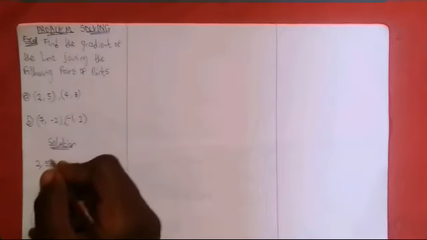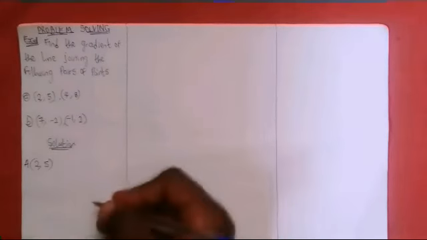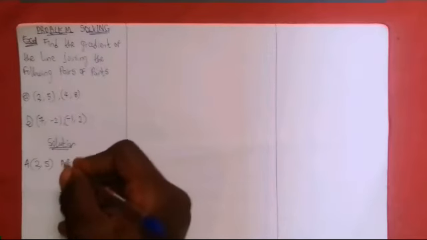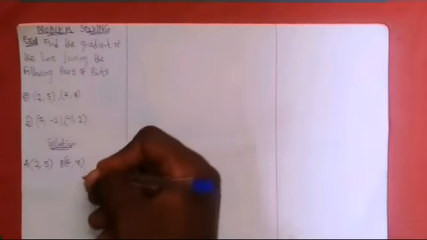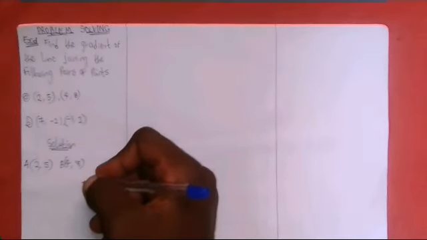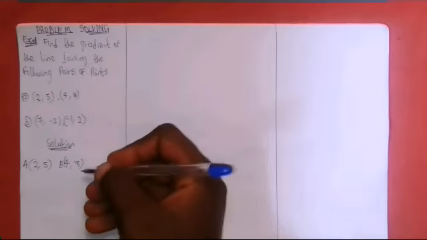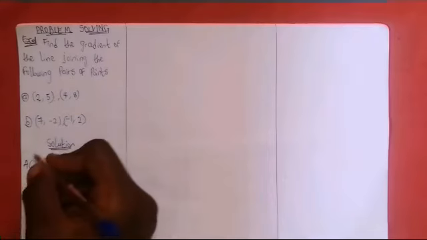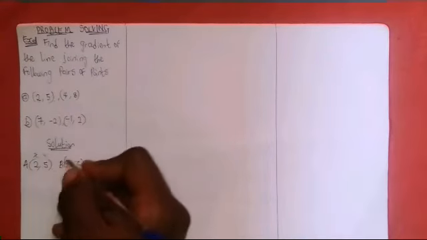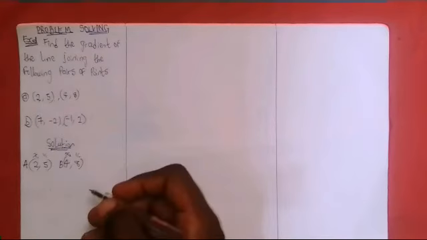2, 5 represents our first point, that is our point A, because that is where the line started from. Then B is our 4, 8, which represents the point where the line ended. Now to solve it, we move straight to the formula. This is our x1, y1, because this is at the beginning, then x2, y2. So what does that mean?